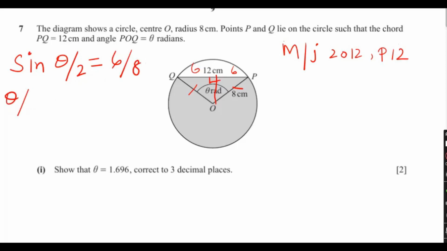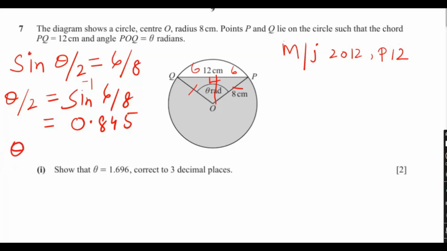Therefore, theta upon 2 is equal to sine inverse 6 upon 8. You can find sine inverse 6 upon 8 from your calculator, but your calculator must be in radian mode. You will get 0.845 and we have to find theta.